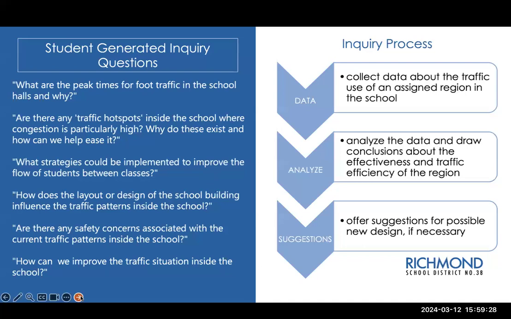They're going to do an investigation to collect some data around the traffic use of an assigned region in their school. They're starting to ask some questions around that, and then maybe traffic pattern changes will happen. We'll see.